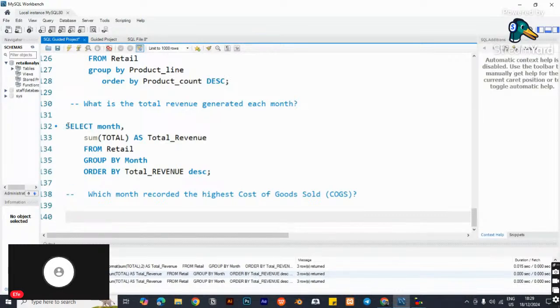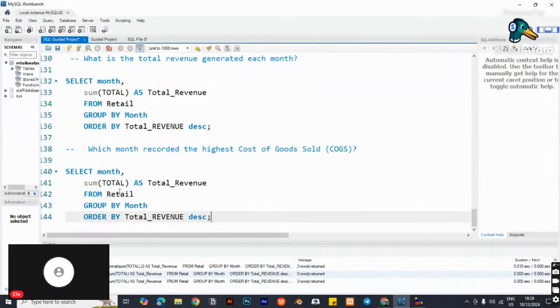So copy this. When you see "which month has highest," from those words you should be able to interpret them and relate them to answering the question using SQL.